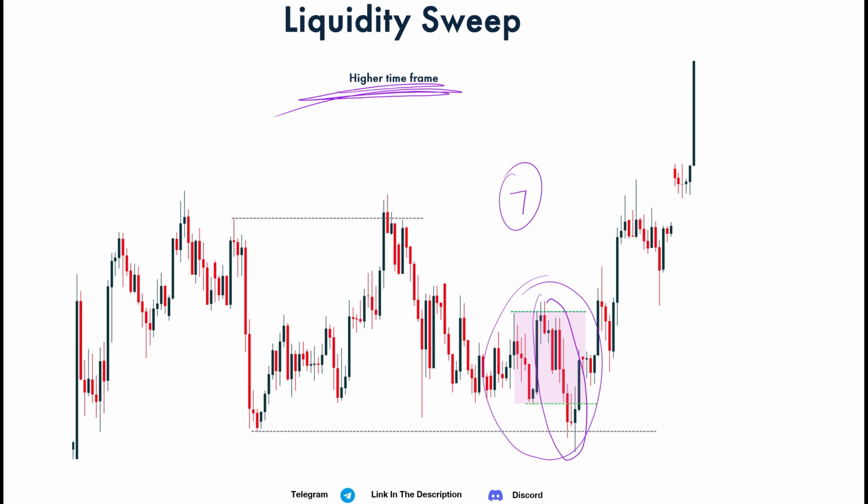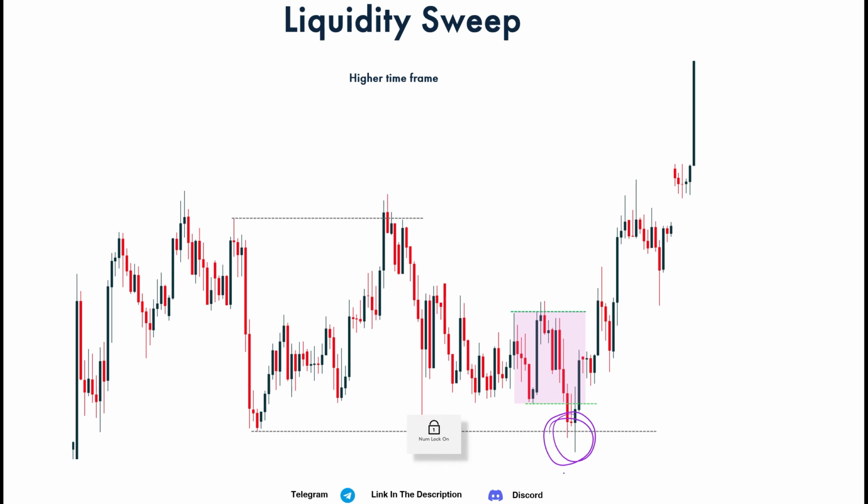Okay, I hope you understand it. You won't see those kinds of moves because we are still on the higher time frame. You see the price broke this low here. Even here, you can see this one, we have already done it. It's very clear on this higher time frame. But on this area, you see that price is breaking this low here very aggressively.